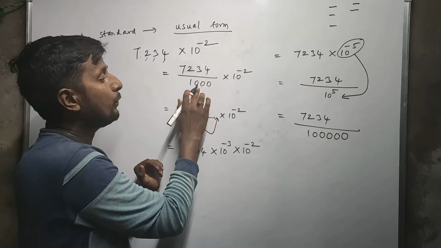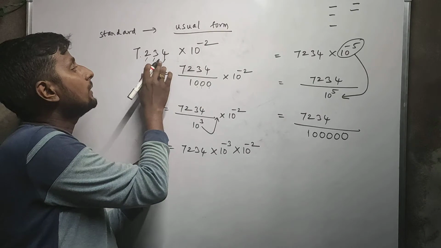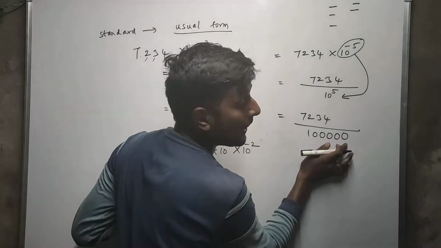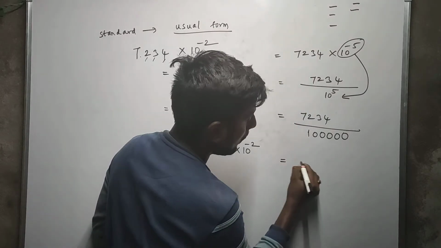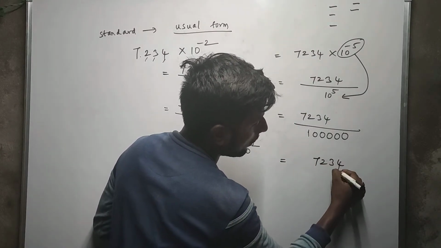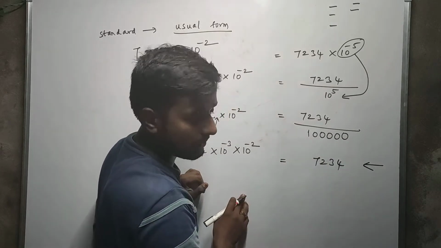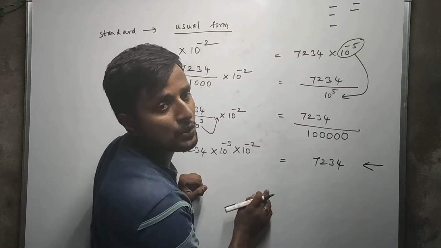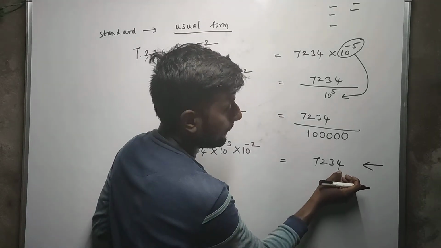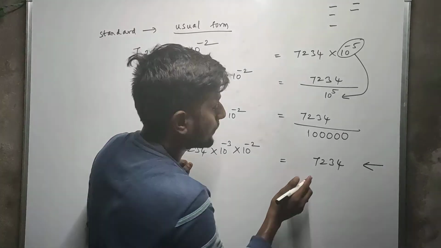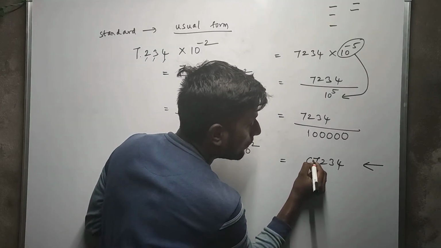Look at when we had 3 zeros, there was a decimal after 3 digits. Now when we have 5 zeros, write 7234 and from the right side count 1, 2, 3, 4, 5. After 5 digits we should keep the decimal. We have only 4 digits, actually we need 5 digits, so here I am adding a 0 also.